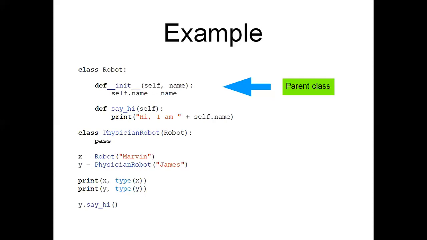Similarly, we want to check the type of y, because this y is simply inheriting the properties of the base class and does not have its own attribute or any method. So we are trying to print these two values here. And finally, our y object is calling the method say hi.